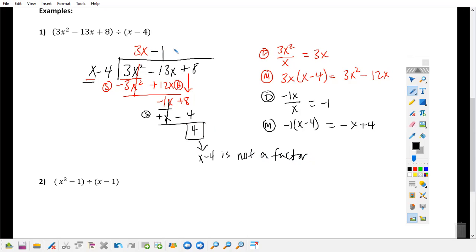So my solution is 3x minus 1, and you don't write remainder. You write plus 4 over your divisor.